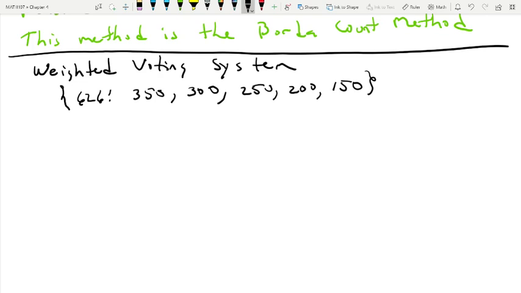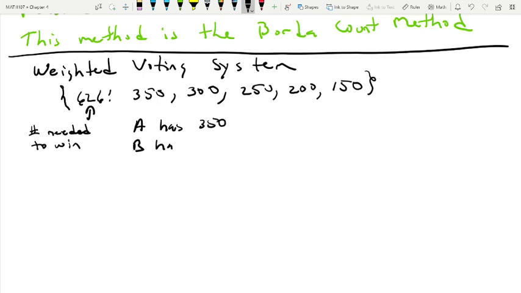So we got 626. This first number tells you the number needed to win. That's how many votes are needed to win, right? The next numbers are how many votes each group controls. So basically A has 350.